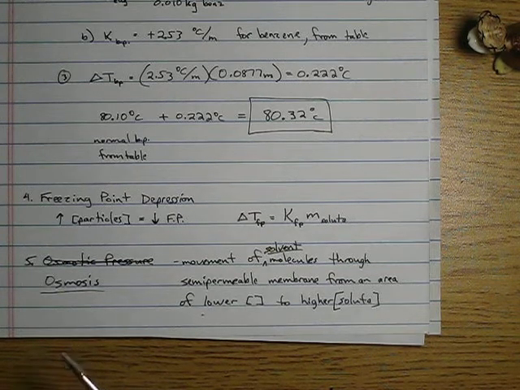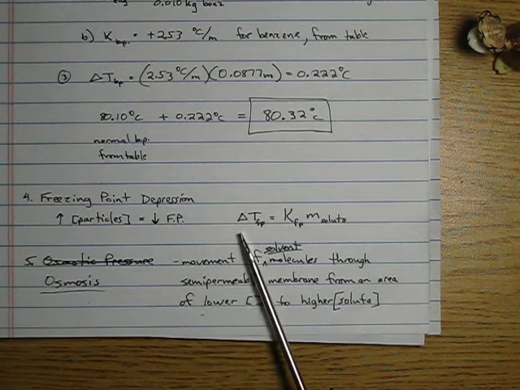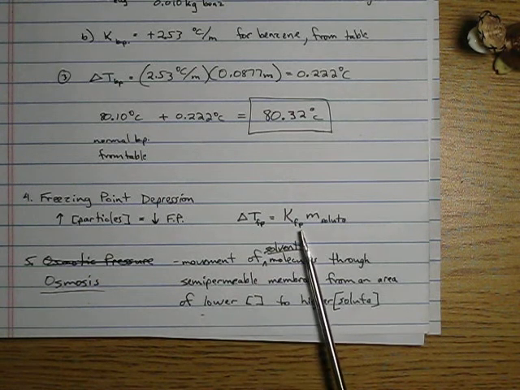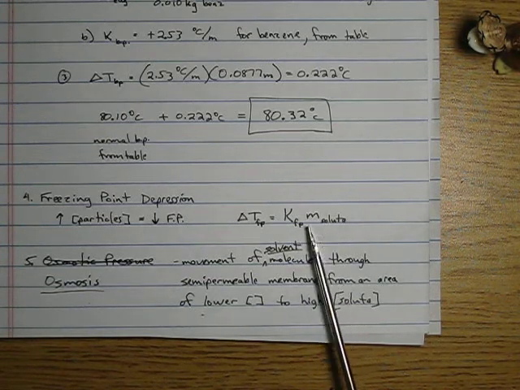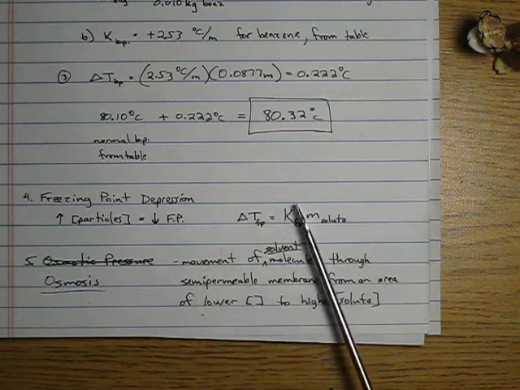All right. The equation for freezing point depression is the same as the equation for boiling point elevation, except it's freezing points. The change in freezing point equals a freezing point constant times the molality of the solute. The calculations are going to be the same.